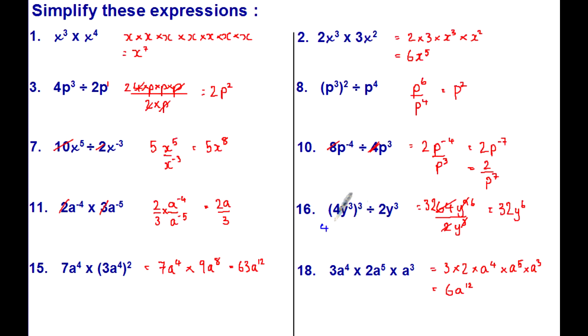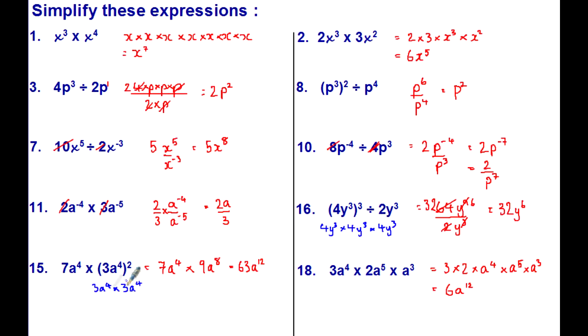Okay, just to reiterate this one, 4y cubed cubed is 4y cubed times 4y cubed times 4y cubed. So we do 4 times 4 times 4, and then y cubed times y cubed times y cubed. So we'd add those 3 powers together, or 3 lots of 3, which is 9. And if we look at number 15, this 3a to the power 4, all squared, is 3 times a to the power 4 times another 3 times a to the power 4.